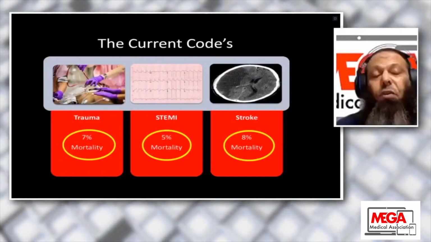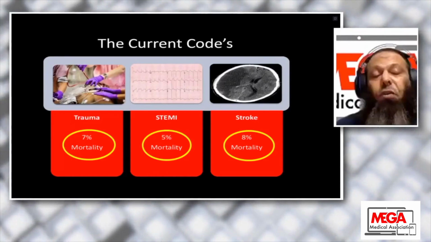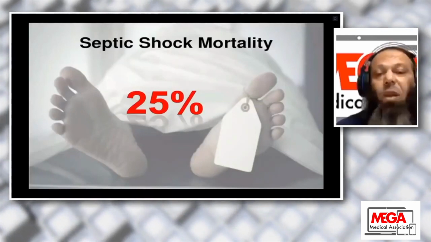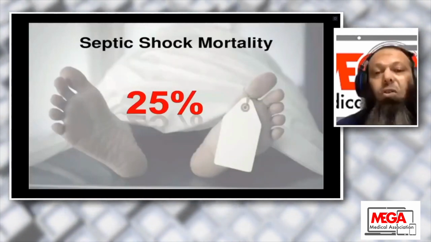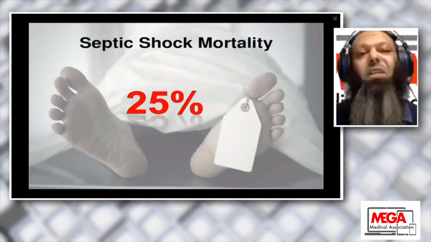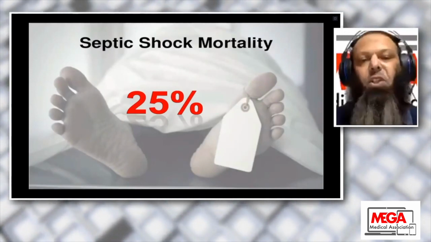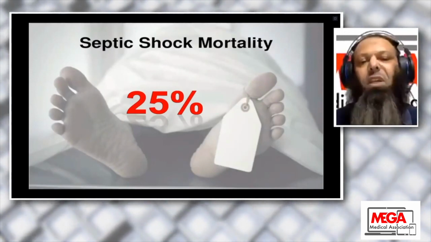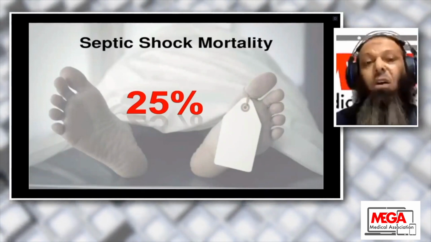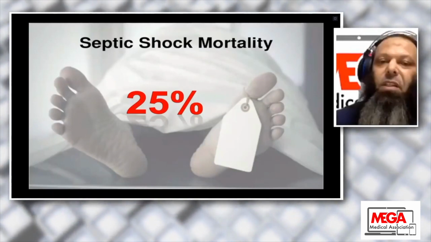The stroke is about 8%. Okay, what about the septic shock mortality? Treble or quadruple, it's about 25%. So if you have a patient admitted alone with septic shock, not with multi-organ failure, not with ARDS, just septic shock, it's about 25% mortality. So we are underappreciating it; we are not having a septic code or sepsis code.